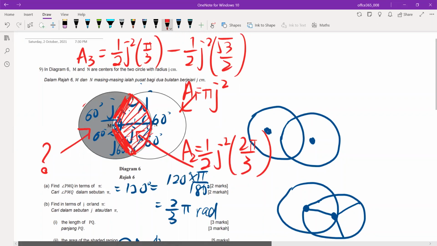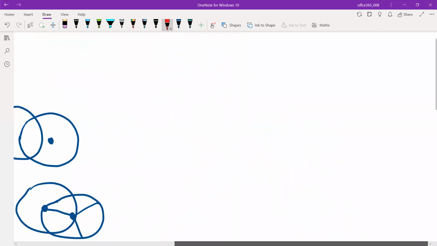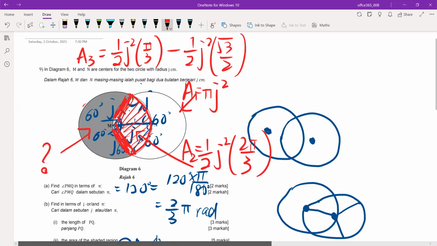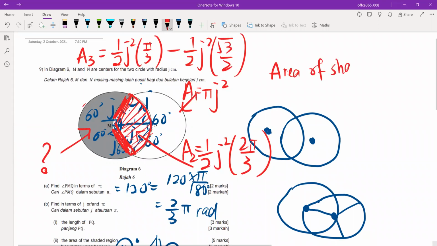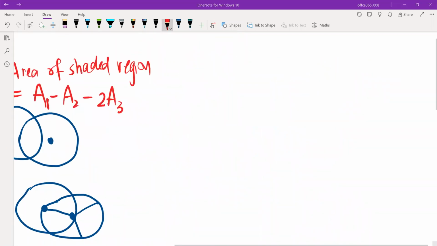Okay, so for my answer at the end, you have to minus everything. To solve, area of shaded region equals, you take A1, the whole circle area, minus A2, minus 2A3. Okay, to get the answer.